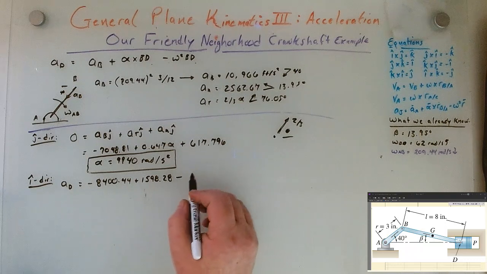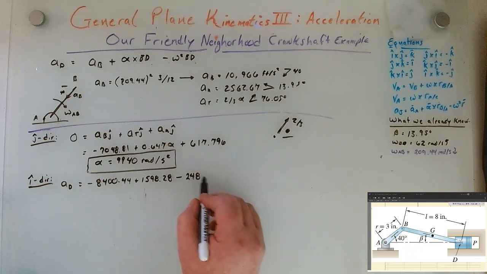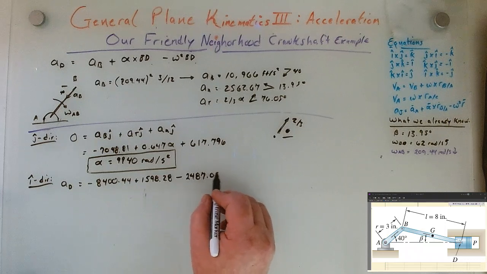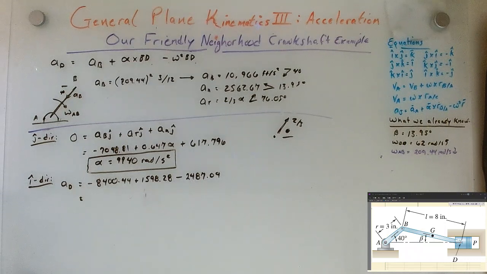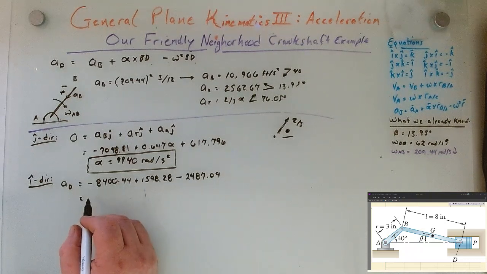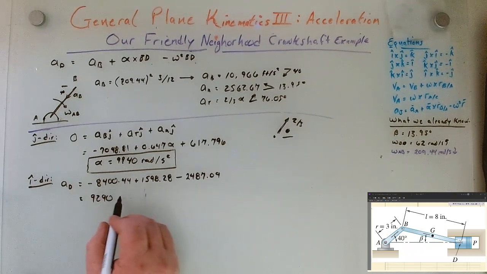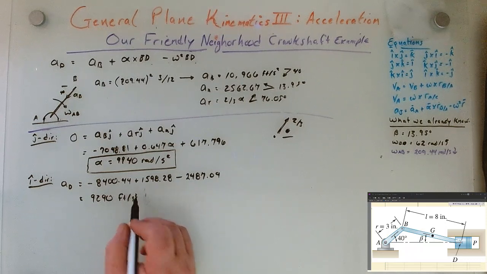So that is minus 2487.09. If I add these up, that and minus that plus that, that gives me 9289. So I'm going to say 9290, and this is linear, so feet per second squared.